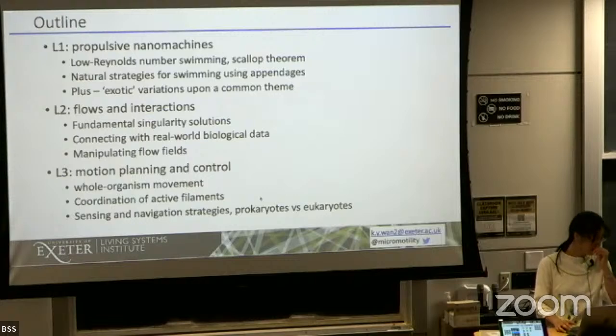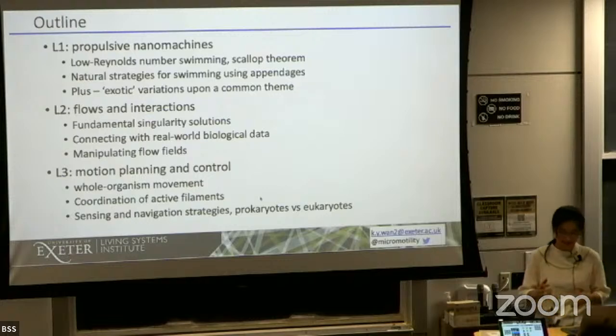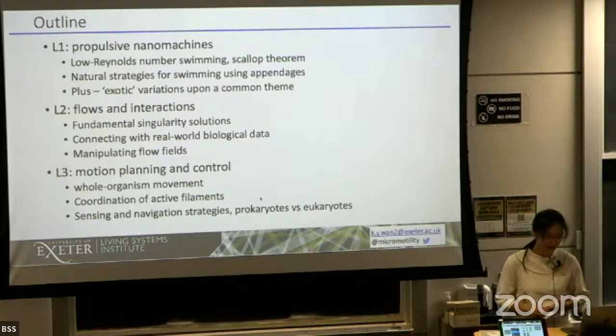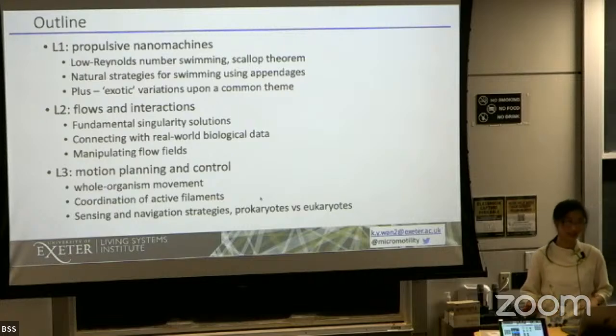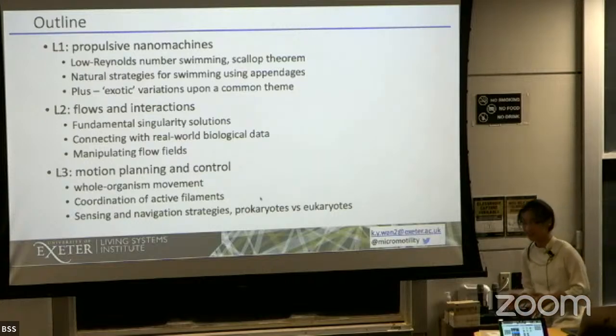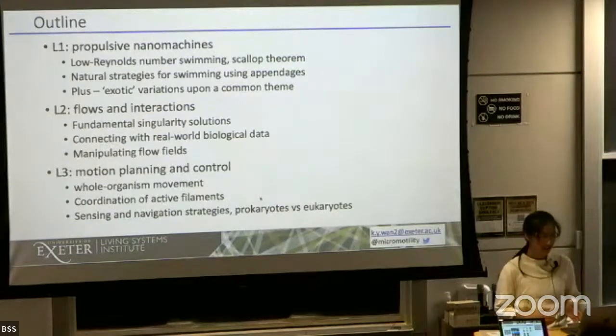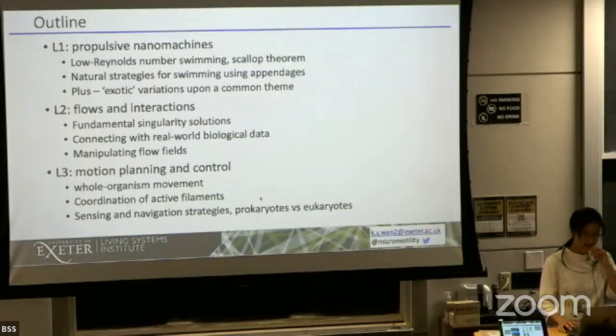And then hopefully tomorrow, armed with these dual perspectives, we can ask how, in different case studies and different species, these organisms can actively control their movement patterns, meaning that they can manipulate the activity of these diverse appendages for different functions.